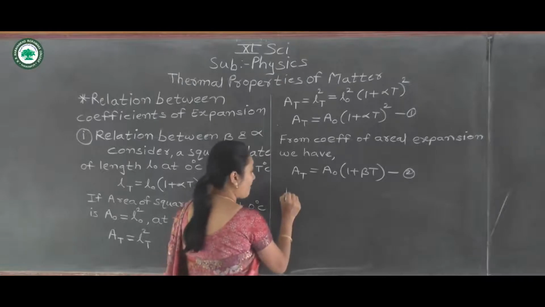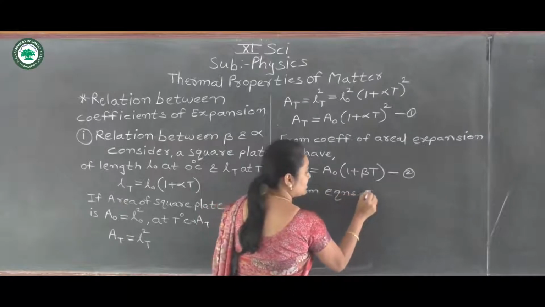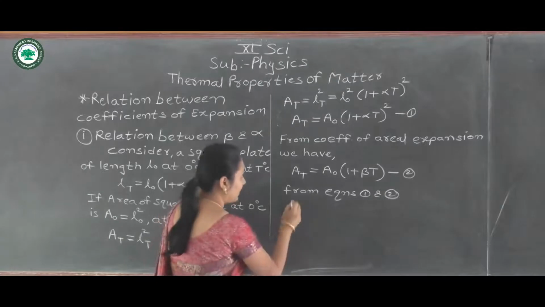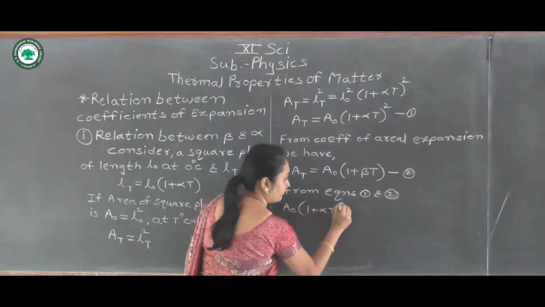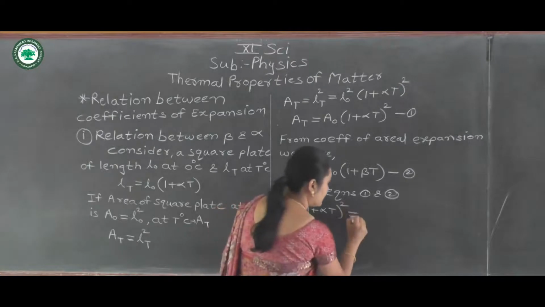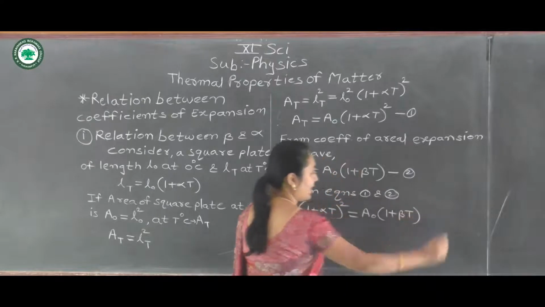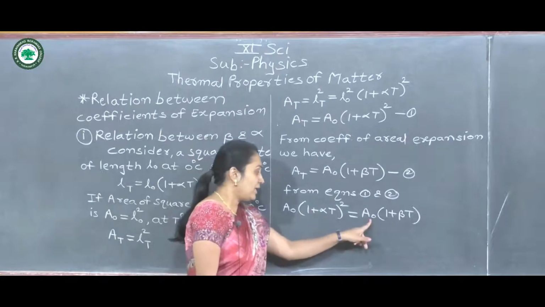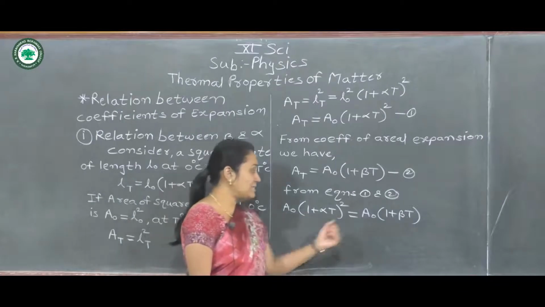So from equations 1 and 2, we have A0 in bracket 1 plus alpha T bracket square is equal to A0 in bracket 1 plus beta T. Here A0 is common, so we can cancel it.